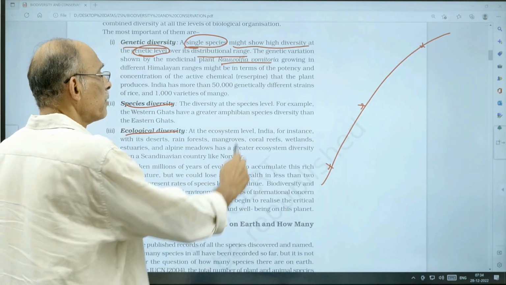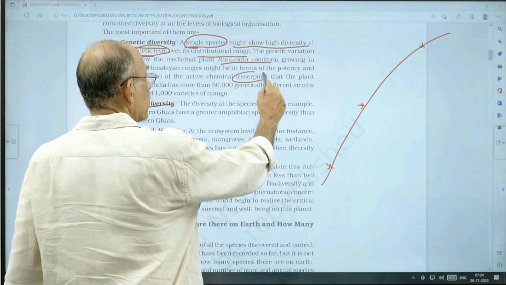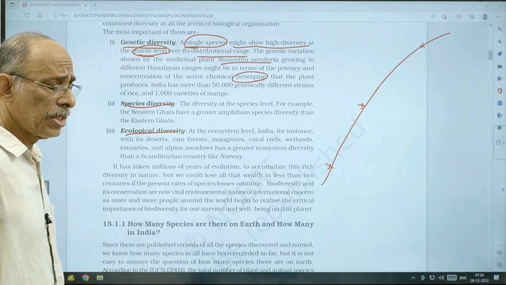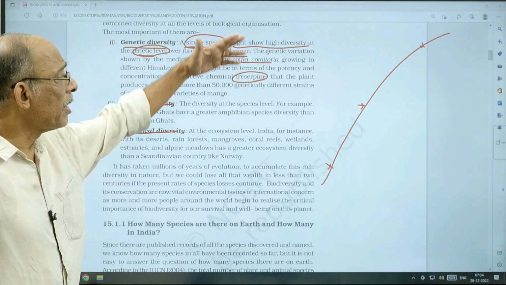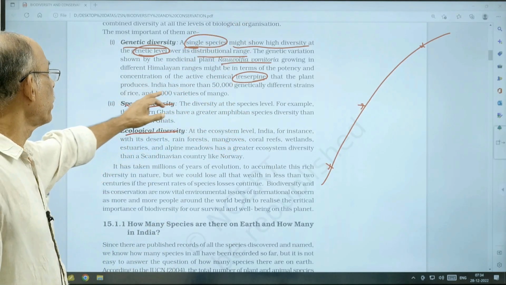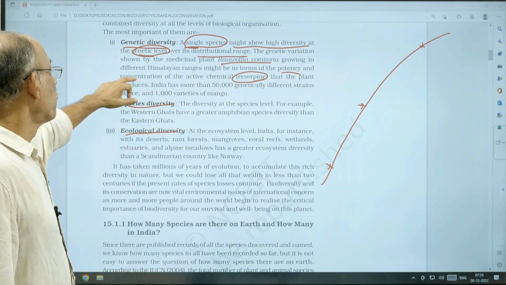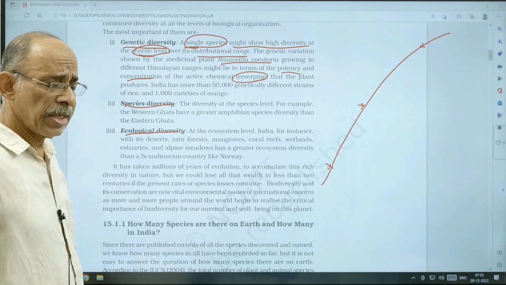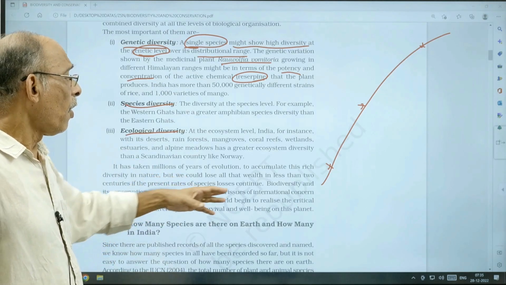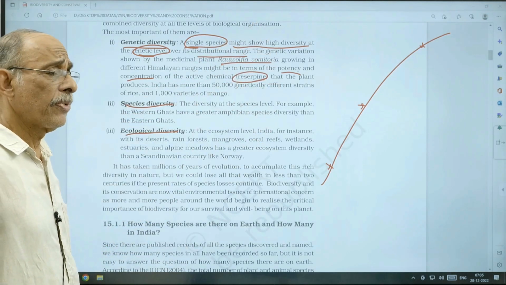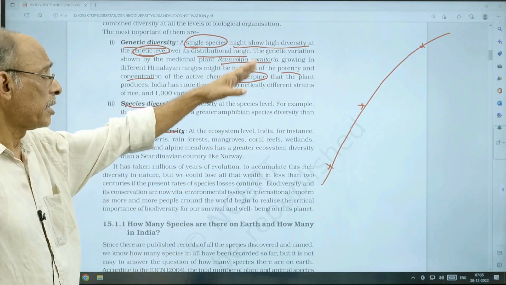And from this Rauvolfia vomitoria, a drug known as reserpine is extracted. Now, at different levels, the potency, concentration, quantity and quality of this reserpine is different in the same species.